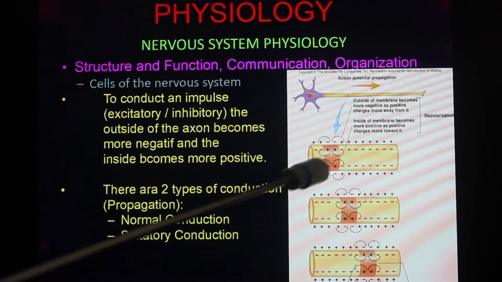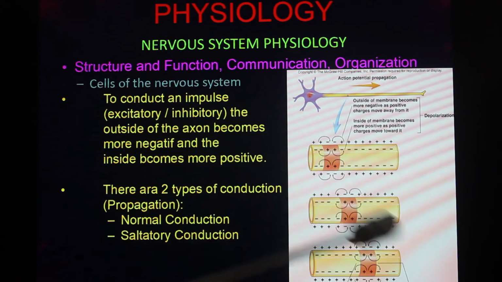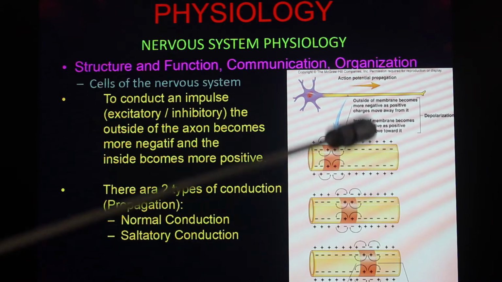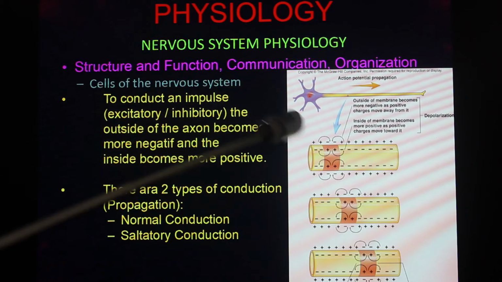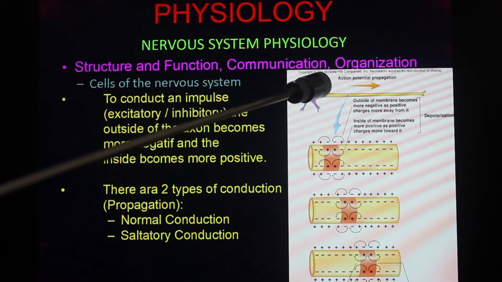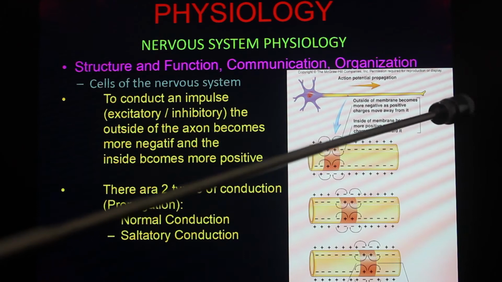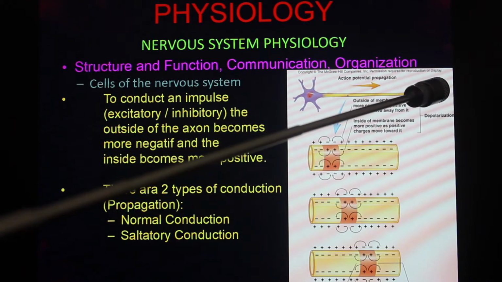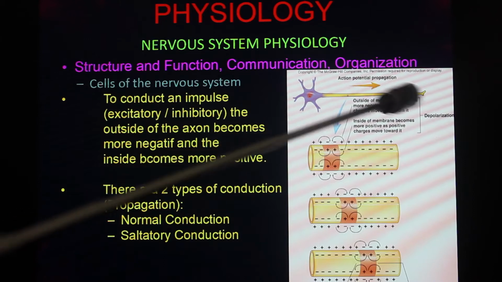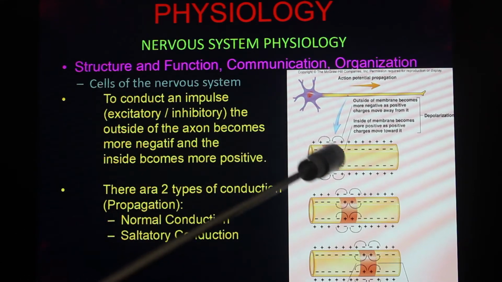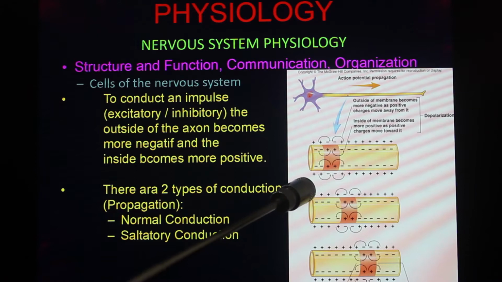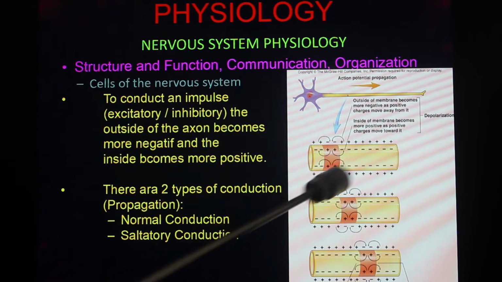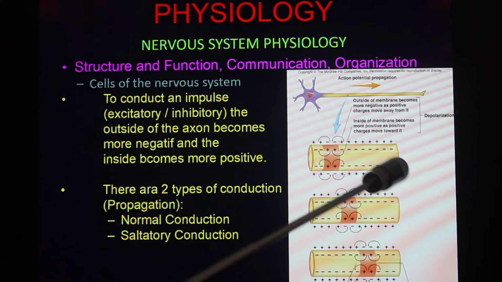As you can see, if you consider that this is a part of the axon here, the cell's electrical conduction is from this way to this way, from the neuron towards the terminal axon via the axon itself. So the outside of the axon is usually more positive, and the inside is usually more negative.